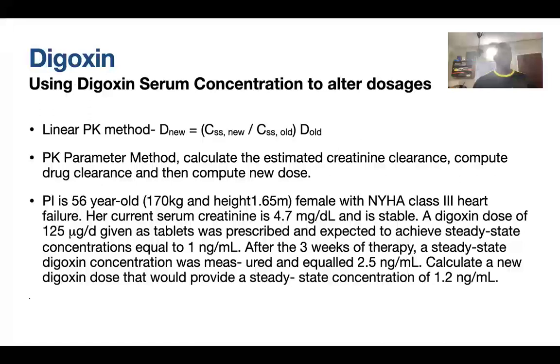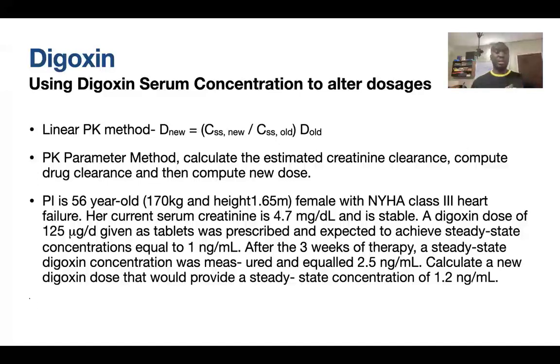Take, for example, the patient is already under treatment to achieve a steady state concentration of about 0.9 nanograms per ml. At that point, if you're not getting adequate clinical response, you can decide, okay, let's increase the steady state to, let's say, 1.2 nanograms per ml.